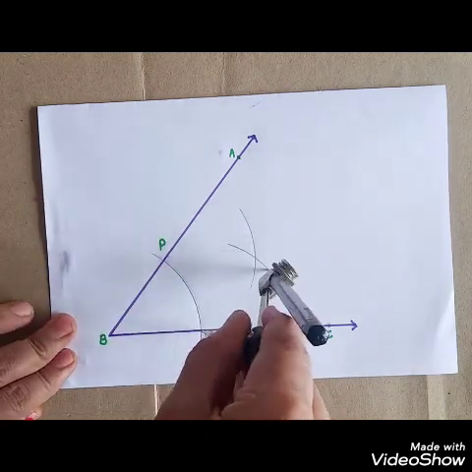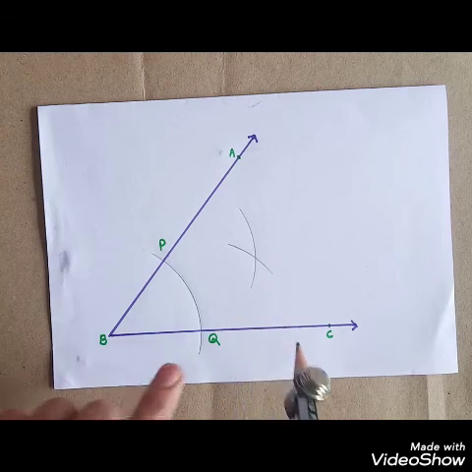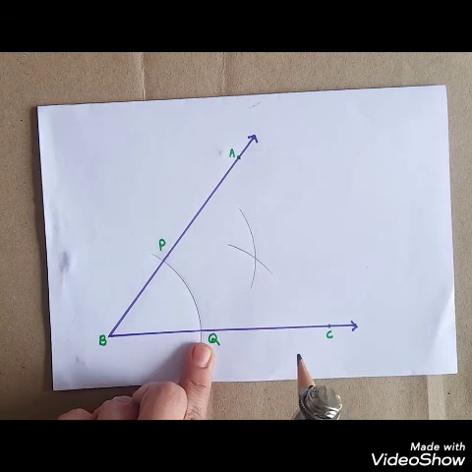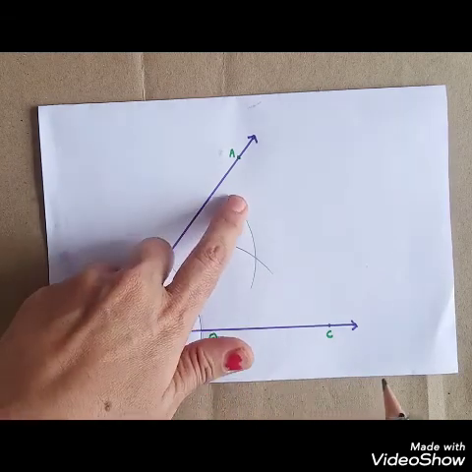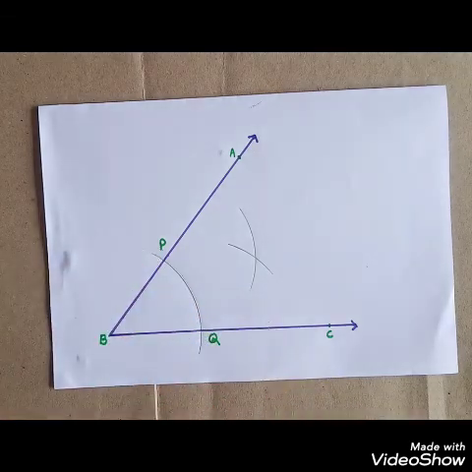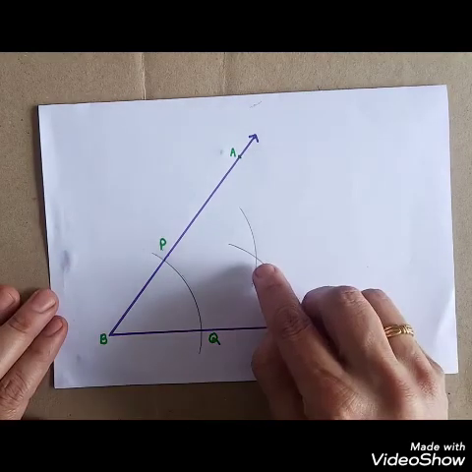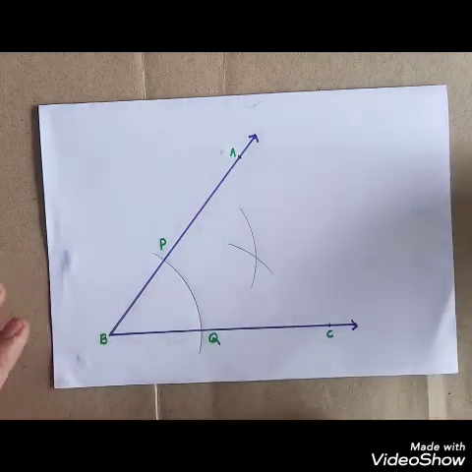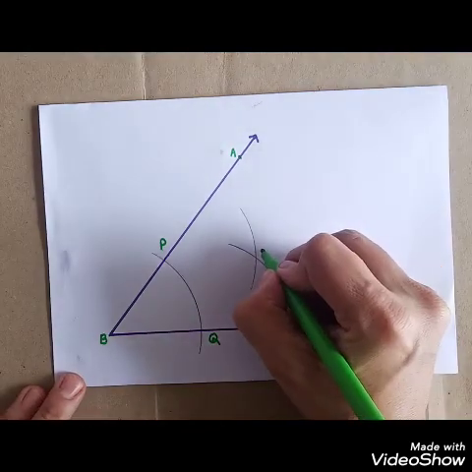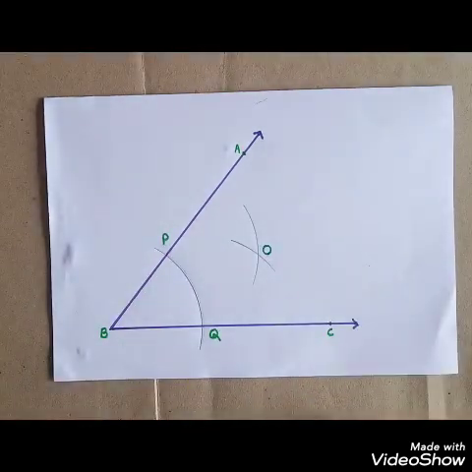Look, the arc which we have drawn from point Q is going to cut this previous arc. Now, name the point of intersection as point O. So, this is the point O.